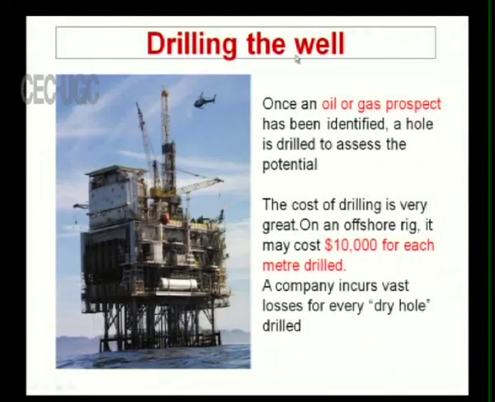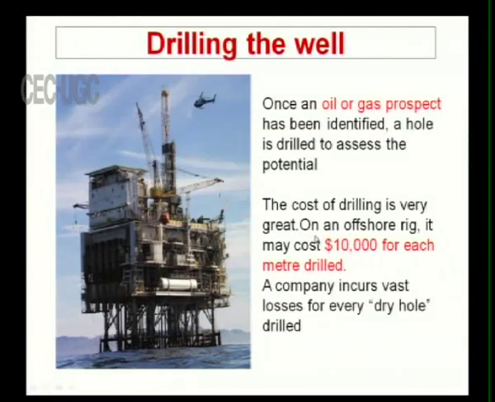And the fourth step is drilling the well. Once an oil or gas prospect has been identified, a hole is drilled. A single hole is not enough for extracting the oil, because they have to survey, and they have to take an economic point of view also.